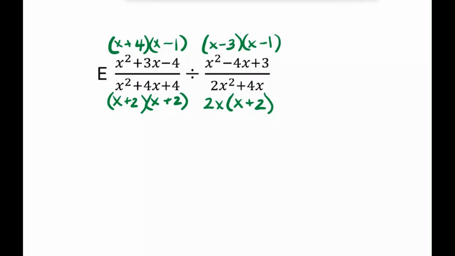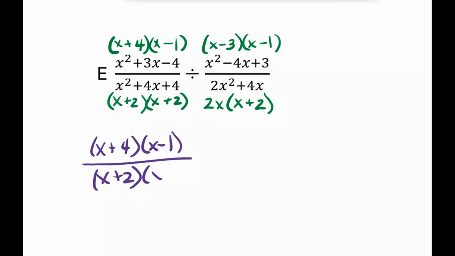There we go. So factor everything first. And now we're going to do keep, change, flip. So I've got an x plus 4, x minus 1, and then an x plus 2, x plus 2. All right, and then change it to multiply and flip the second one.